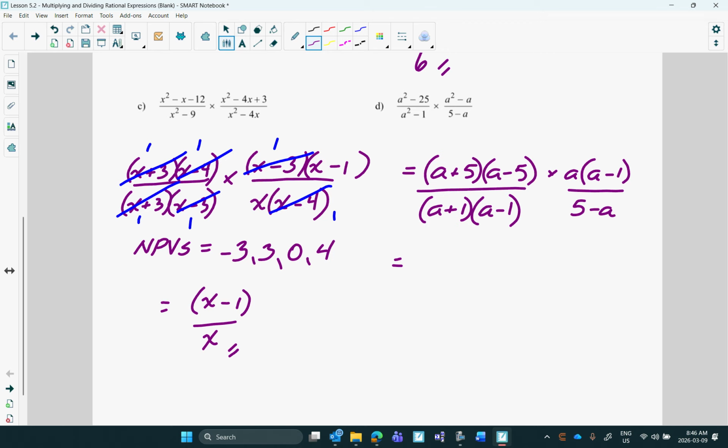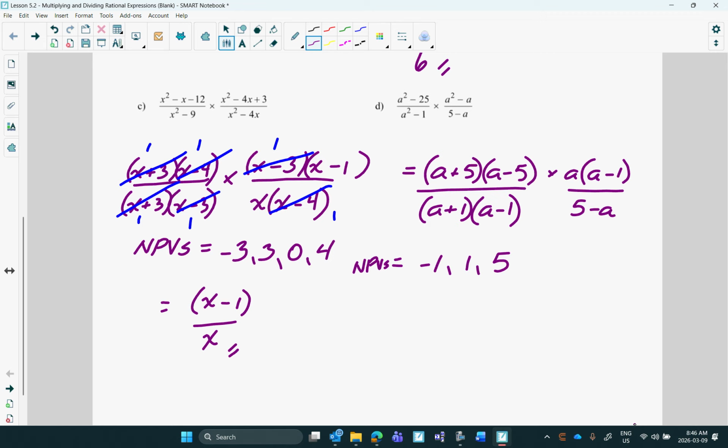This one, -1, +1. What value of A would make this 0? 5. 5 minus 5 is 0. So the NPVs are -1, +1, and +5.